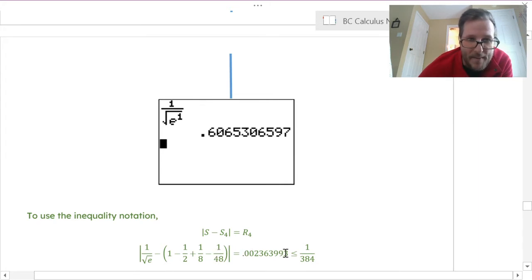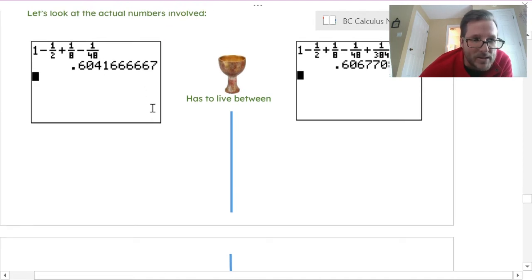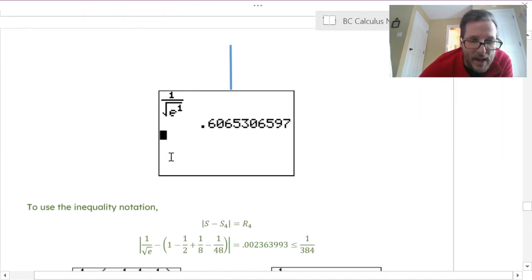I did that in my calculator, taking this 0.6065 number and subtracting this number right here, 0.604, and you get 0.002363993. There's more, but that's all the calculator could handle. That number, 0.002, is less than 1 over 384.